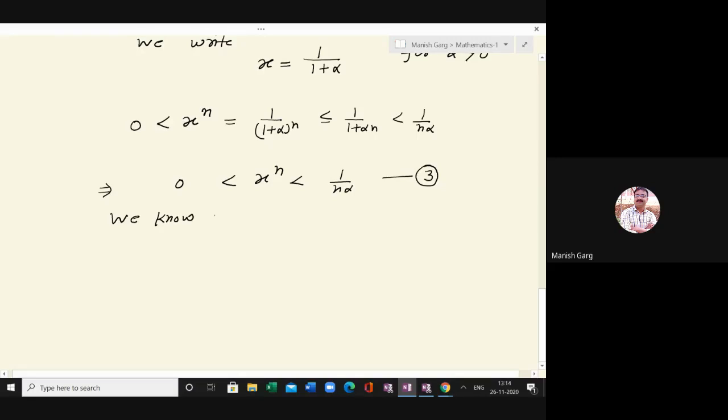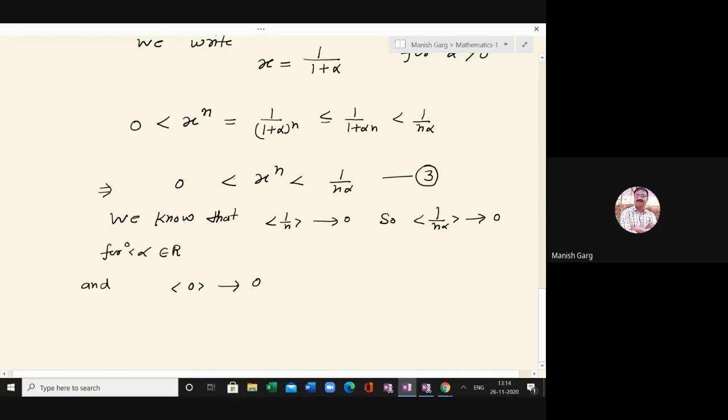We know the sequence 1 upon n converges to 0, so 1 upon n alpha also converges to 0 for alpha an element of R. Alpha, sorry, greater than 0 also. So 1 upon n alpha converges to 0, and the sequence 0, which you can consider a constant sequence, also converges to 0.